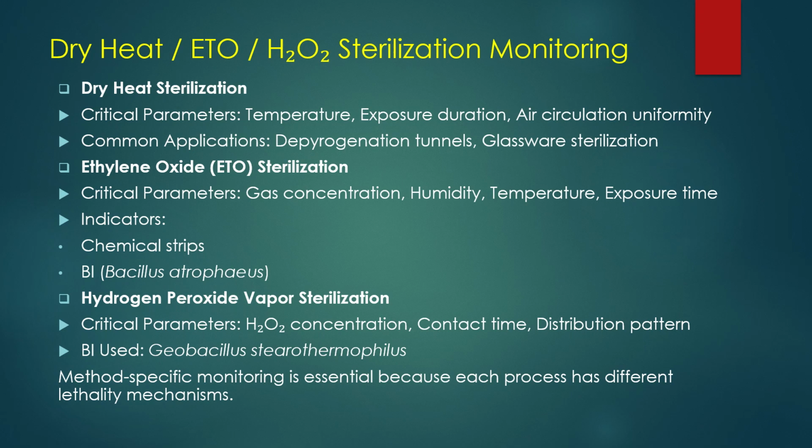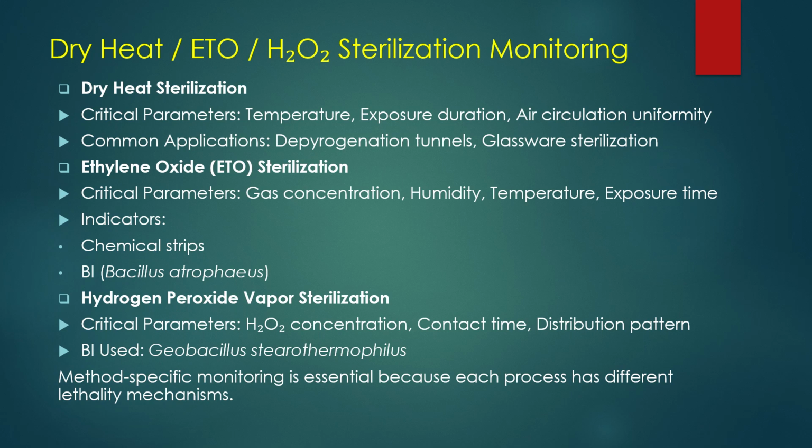Dry heat sterilization depends on critical parameters such as temperature, exposure duration, and uniform air circulation, and is commonly used for depyrogenation tunnels and glassware sterilization. Ethylene oxide sterilization requires control of gas concentration, humidity, temperature, and exposure time using chemical strips and biological indicators containing Bacillus atrophaeus.